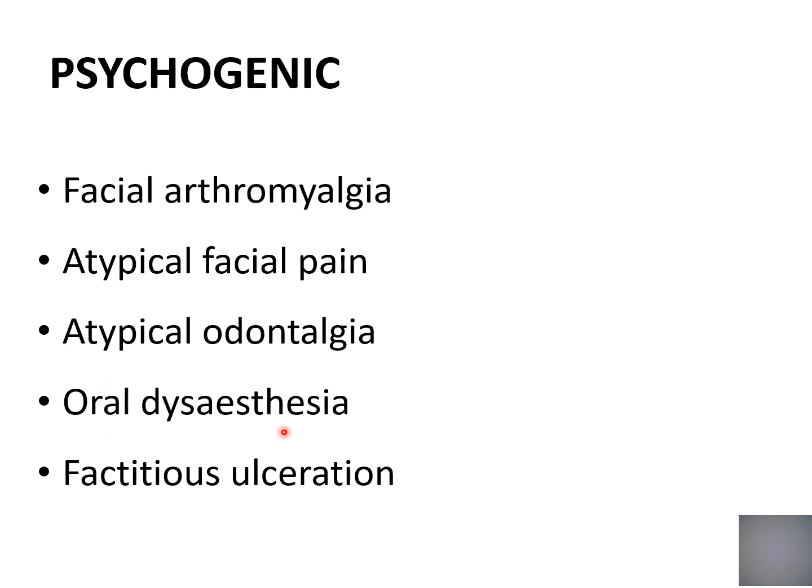Oral dysesthesias are a group of disorders seen more commonly amongst perimenopausal women, and they present with a burning sensation, most commonly on the tongue when it's labeled as burning tongue syndrome, or the entire oral cavity when it may be labeled as burning mouth syndrome.